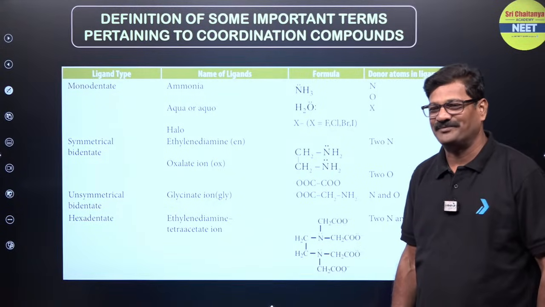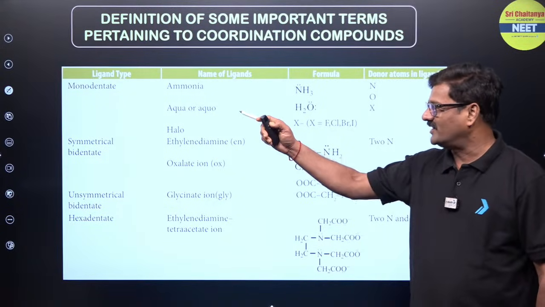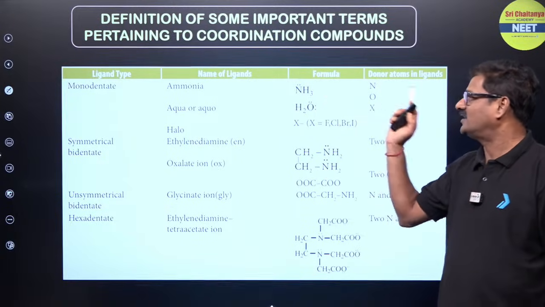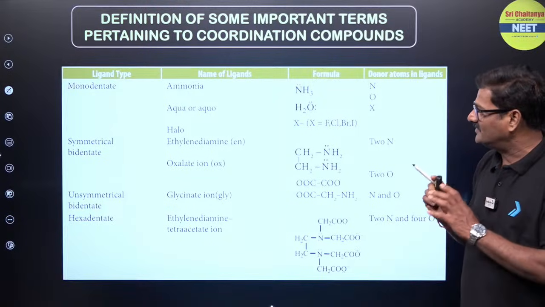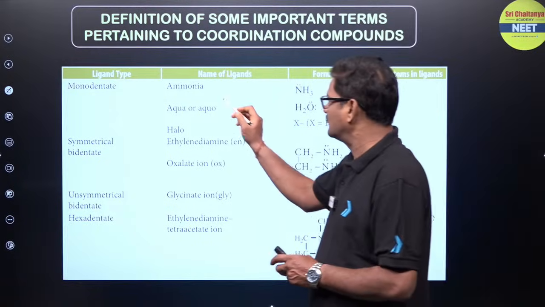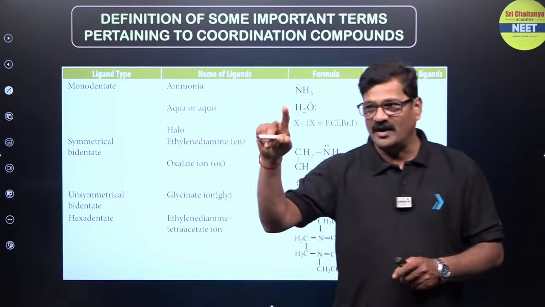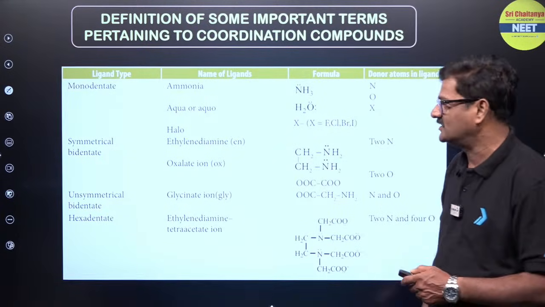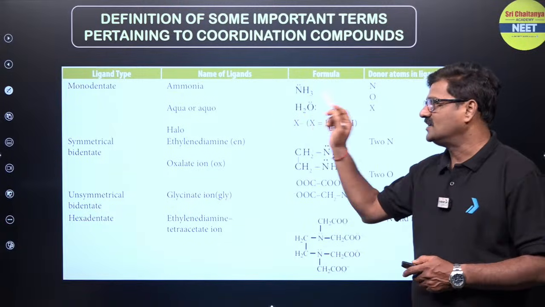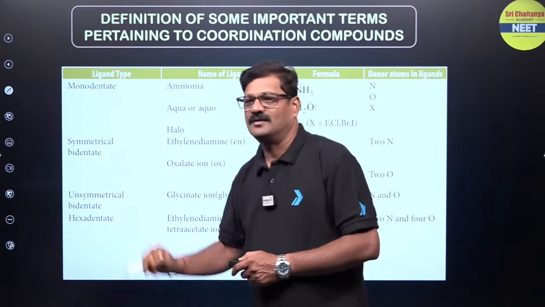Monodentate ligands: ammonia, NH3, where nitrogen is the donor atom. Whenever ammonia is there, according to IUPAC you have to write ammine with a double m, otherwise marks will be deducted. Water is known as aqua.